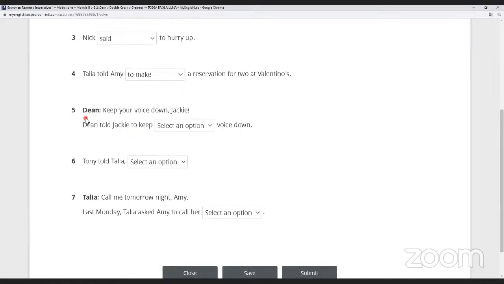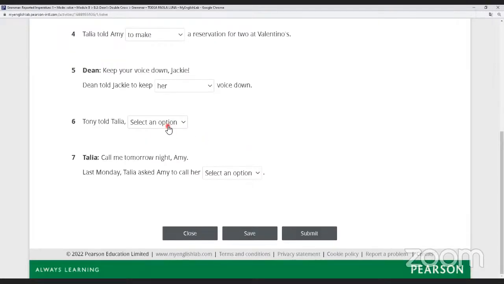How about number 5? Dean, keep your voice down, Jackie. Dean told Jackie to keep her voice down. Tony and Talia stay objective.